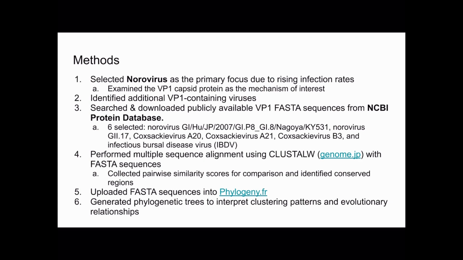We collected those pairwise similarity scores for comparison and analysis, which we'll see on a future slide. Then we also uploaded our FASTA sequences into the phylogeny.fr website to generate phylogenetic trees, which we interpreted by their clustering patterns to identify evolutionary patterns and similarity between the VP1 capsids of the viruses.